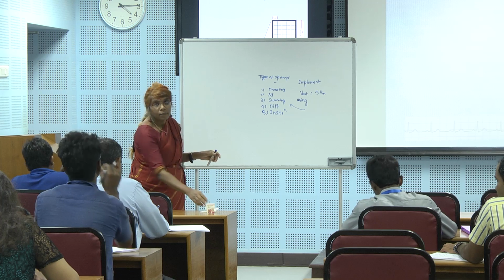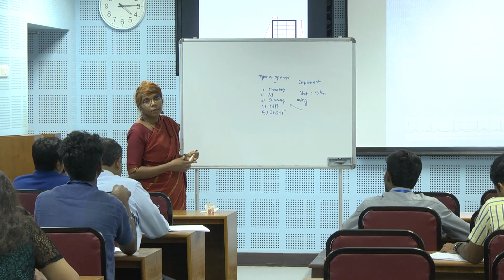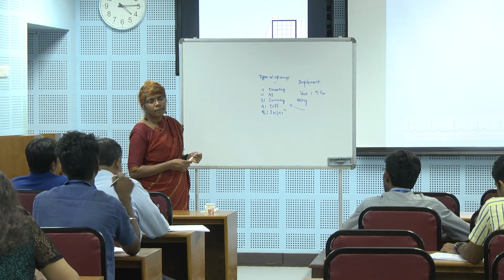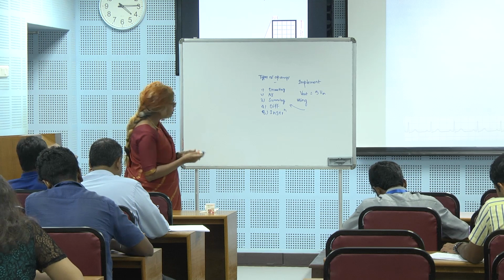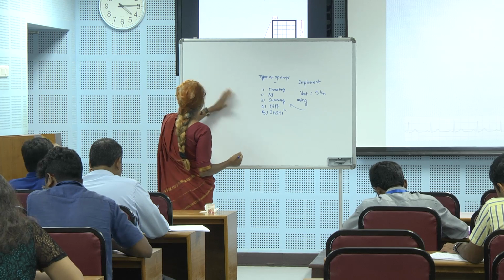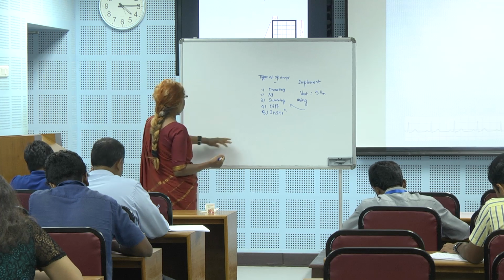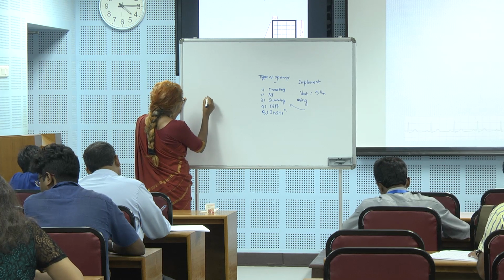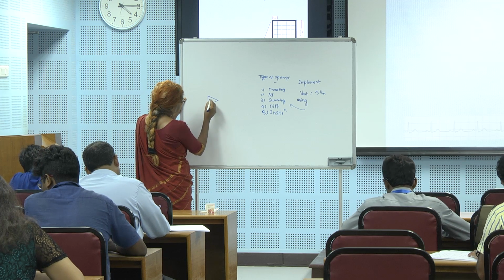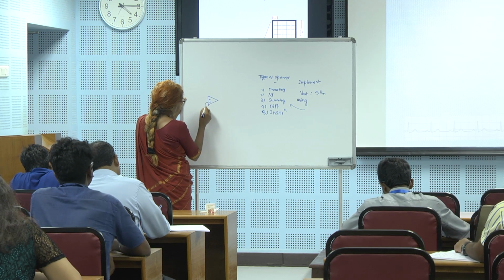Input is negative, input is buffer, then input is Vn. I want output 5 Vn, not negative 5 Vn. So this is solved. Negative plus, correct?